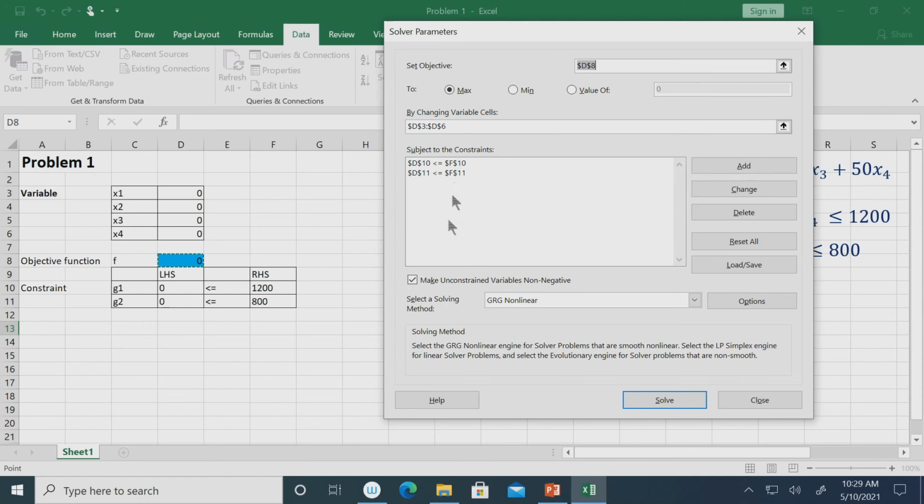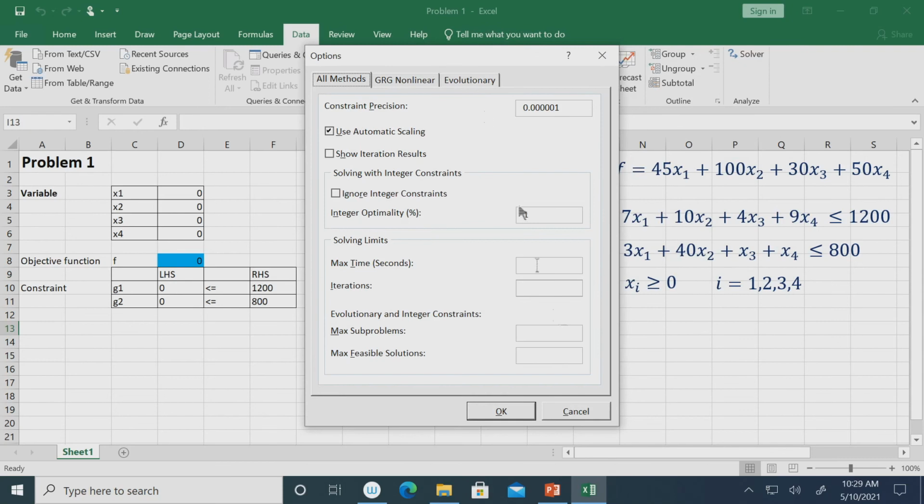I have defined these two constraints here, and then I have to change the setting here. I will use the simplex LP model. Okay. Now, my decision variables are non-negative, so I have to check this particular box, and now I have defined everything. You can go to options and change the parameters here, but I will use the default parameters. So, I am not changing anything here.